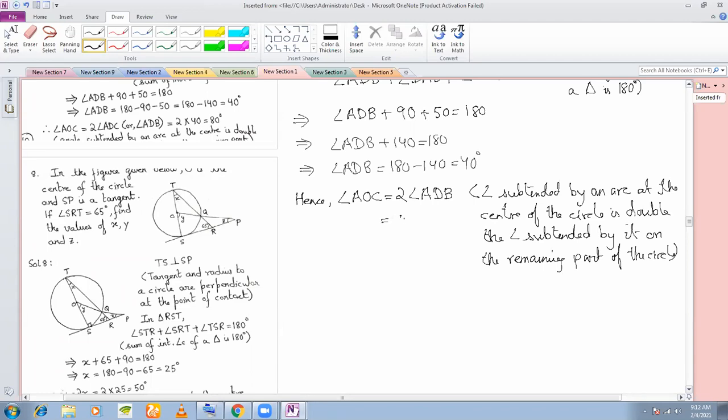And angle ADB we have found out above to be 40 degrees. So therefore angle AOC is 80 degrees, and that is the angle that we needed to find out.